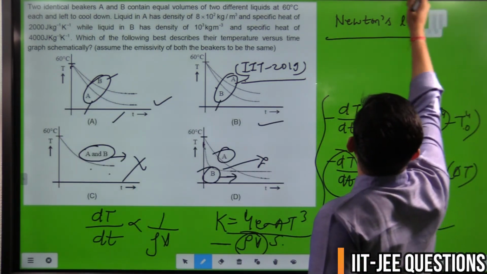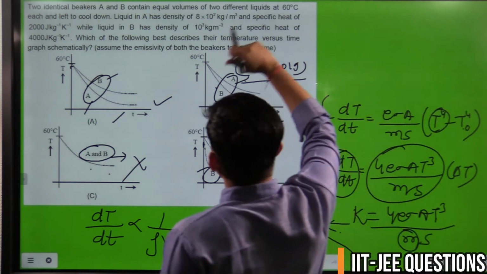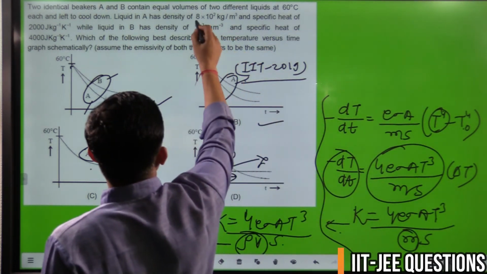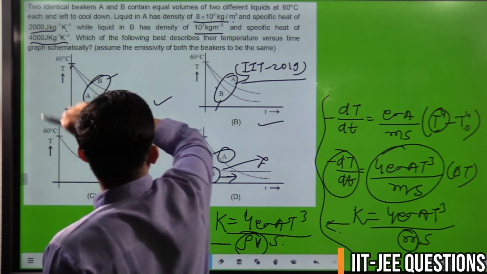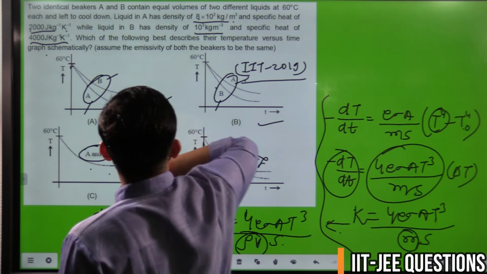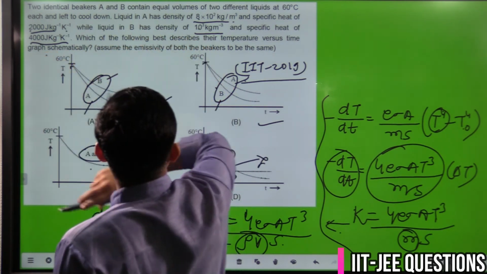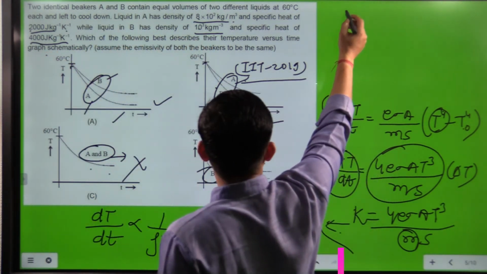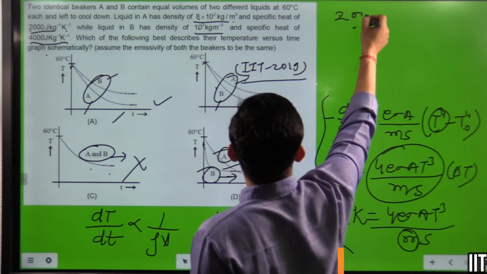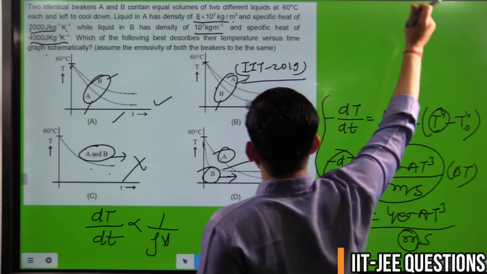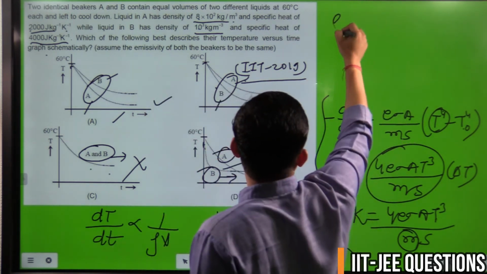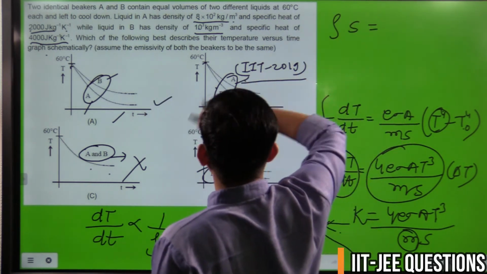We will just put the value of the given quantities: 8, 2000 and 4000. 8 into 2, 16, or it will become 4. 2000, it's rho into specific heat.